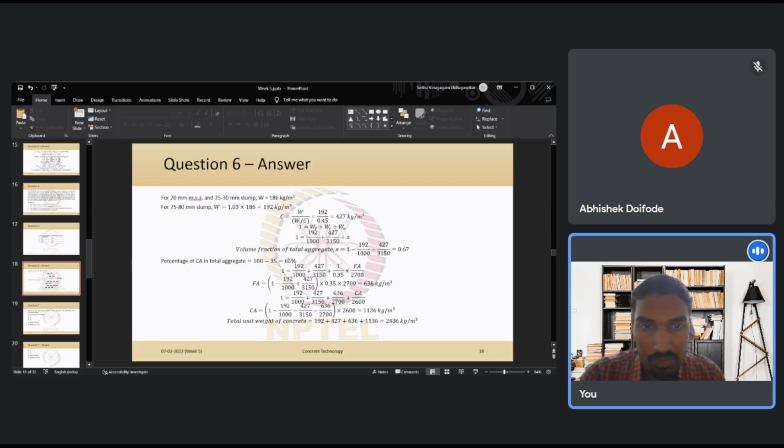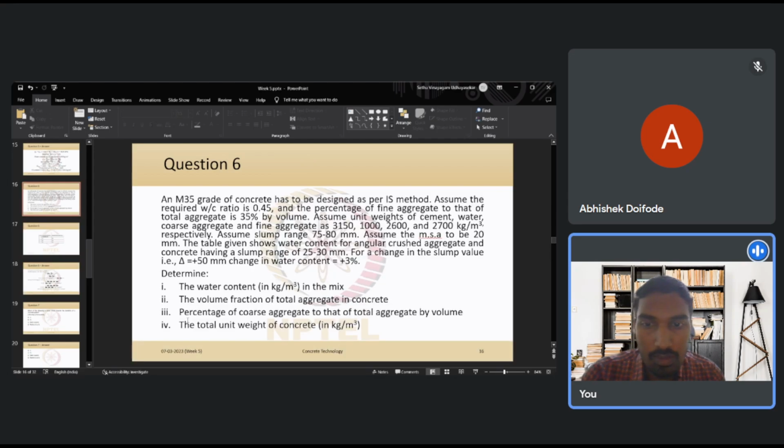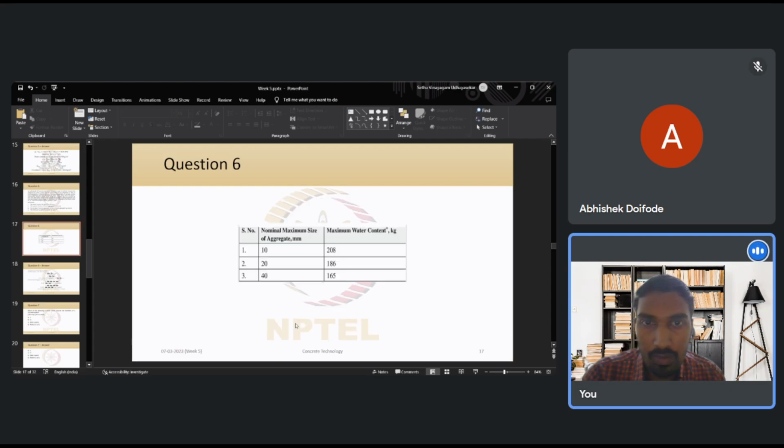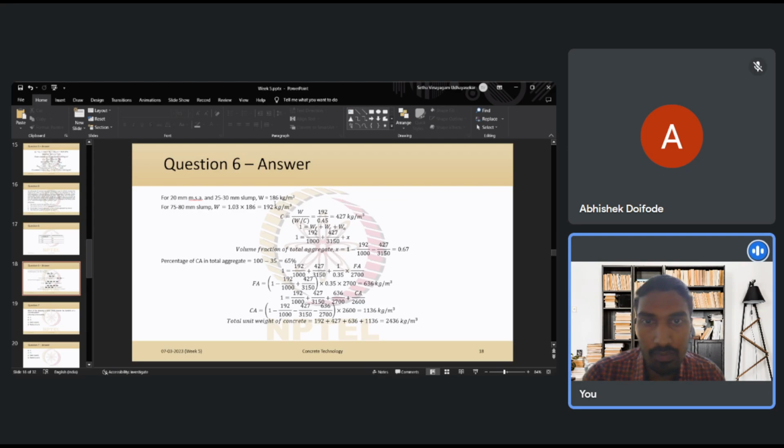And the final question was to find the total unit weight of concrete. To find this out, we need the unit weight of the individual components, which are water, cement and the fine and coarse aggregates. We already found the unit weights for the water and cement, which are 192 and 427.